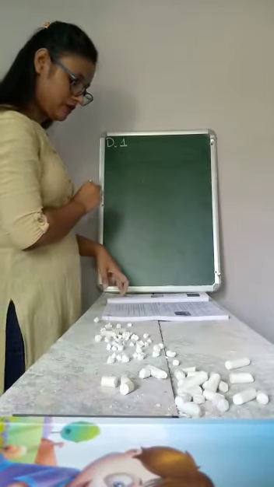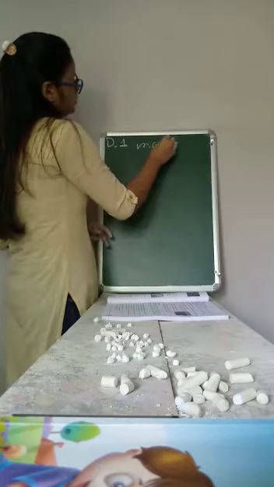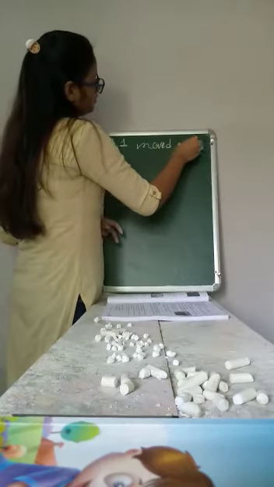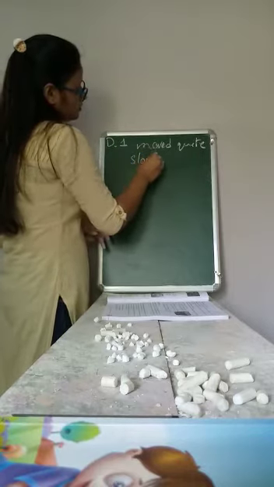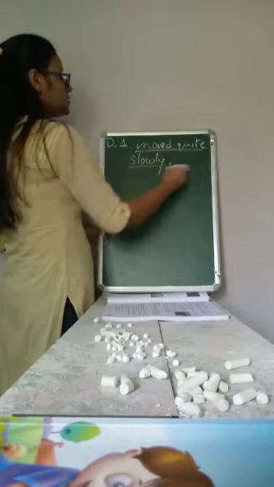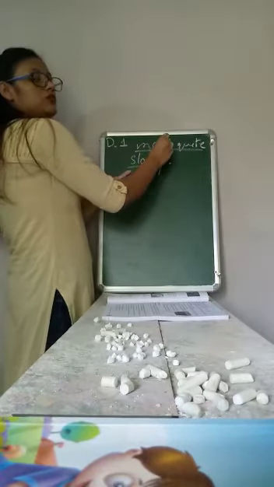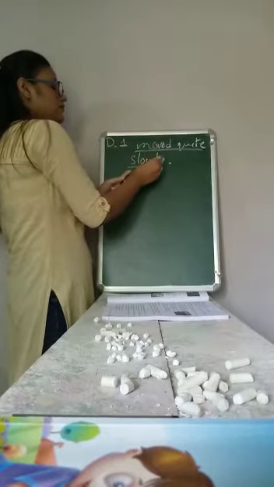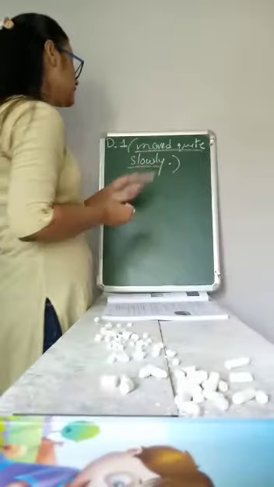The adverb phrase will be moved quite slowly. Move is the verb. How did it move? Slowly. So this is the adverb, and this whole thing is the adverb phrase. Underline this one.